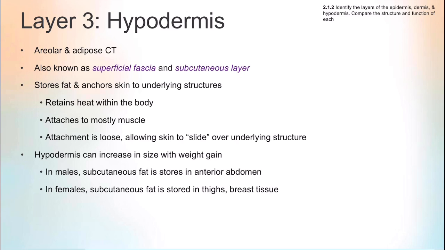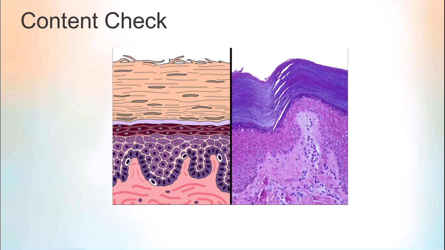And then in our females, subcutaneous fat is going to be stored primarily in areas such as the thighs, the butt, and breast tissue, and also in some of the breast tissue that actually exists in the armpits. So if you ever see that little excess bit of tissue in the armpit, some people get really upset with it. That is all just excess breast tissue that the adipose tissue is going to be stored in.